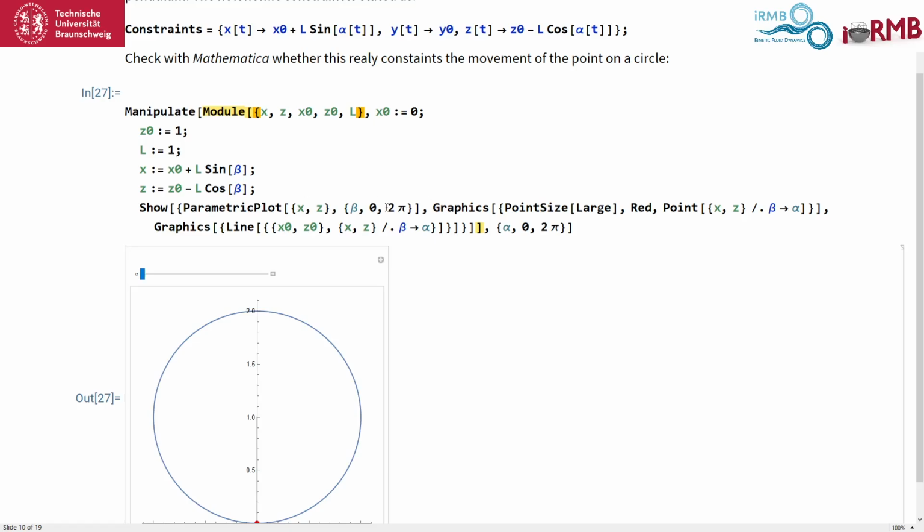Then we show parametric plots with some graphics points and so on. Now this is not so important. The thing is we have specified this beta, and we substitute this beta by the alpha, and the alpha is the thing that we vary in the manipulate. So now we have here an alpha, and I can change this alpha from 0 to 2 pi to see that this is the complete range.